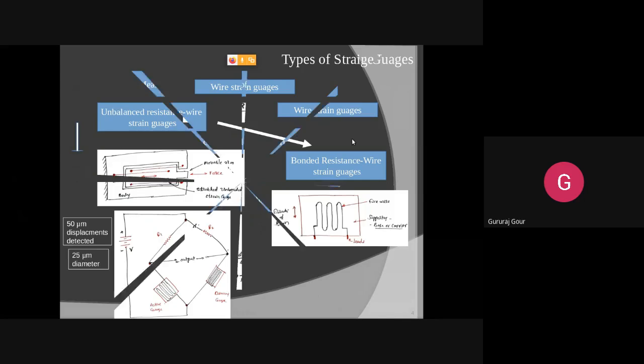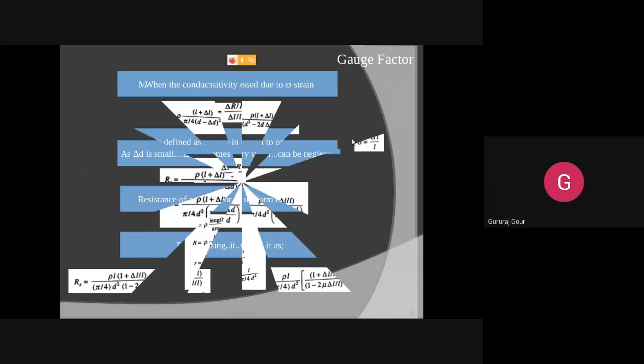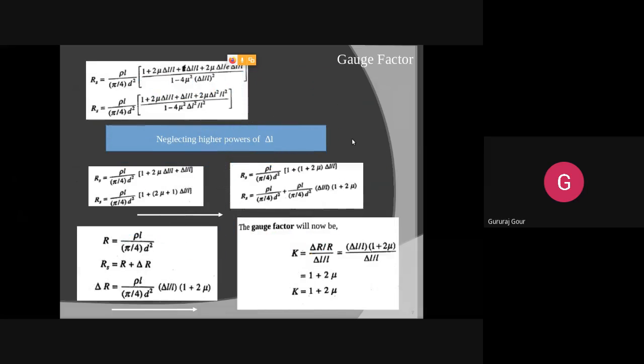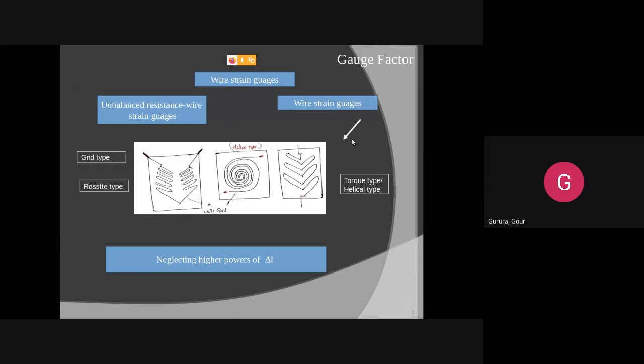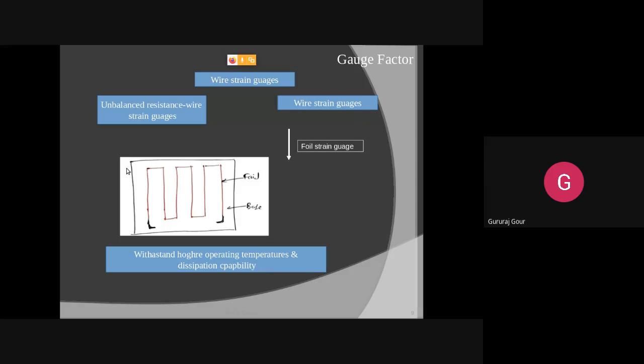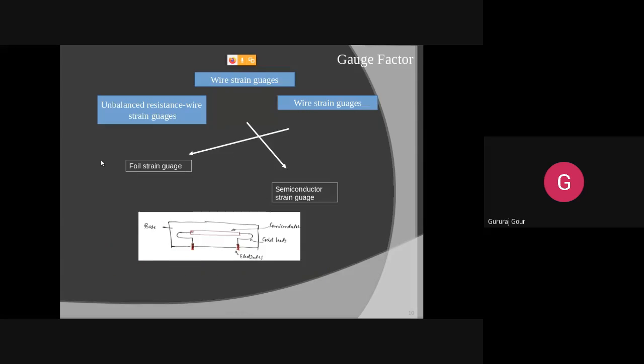And under wire type strain gauges, the subtypes are grid type, rosette type, helical type, foil strain gauges, and semiconductor type strain gauges.